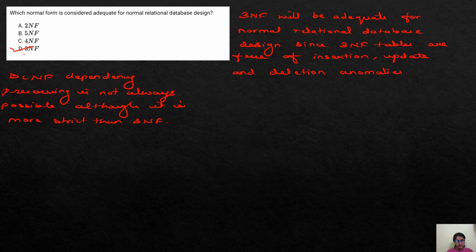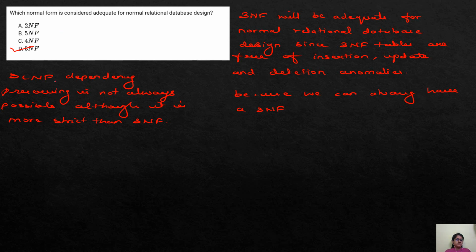And here let me write the other reasoning for 3NF. Because we can always have a 3NF, and if it is 3NF then of course it is 2NF and 1NF.